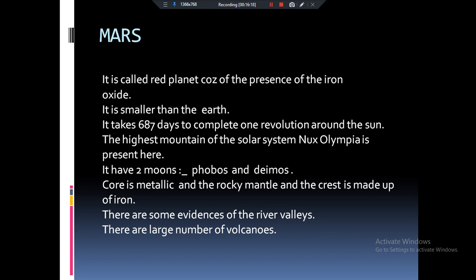Unlike Earth, which has just one natural satellite, Mars has two moons, Phobos and Deimos. And the most important thing is there are evidences of rivers, because of which it is believed that at one time life existed here.